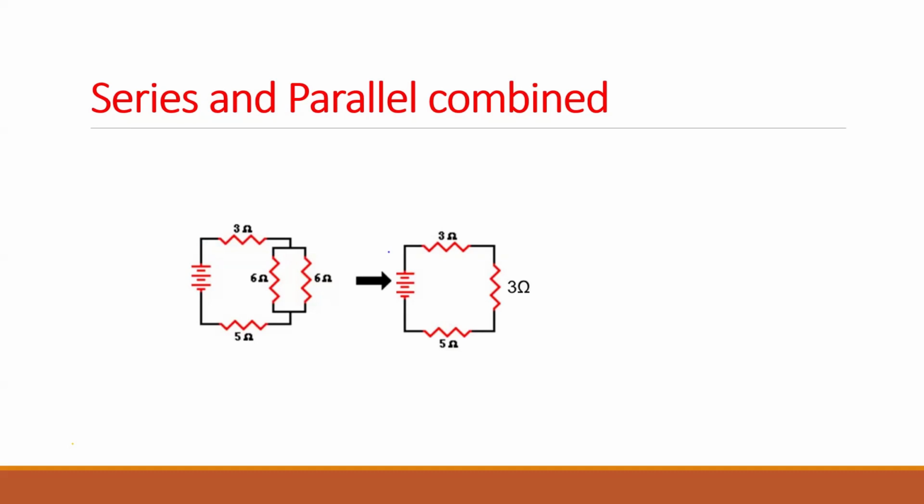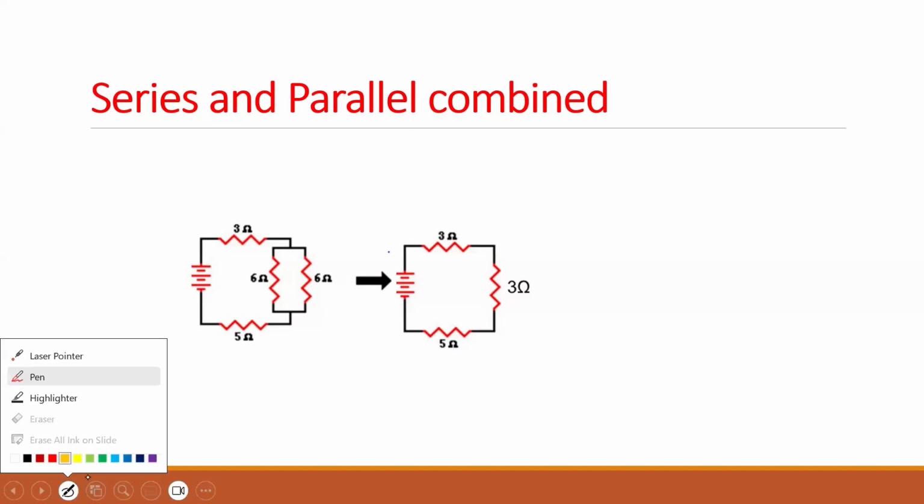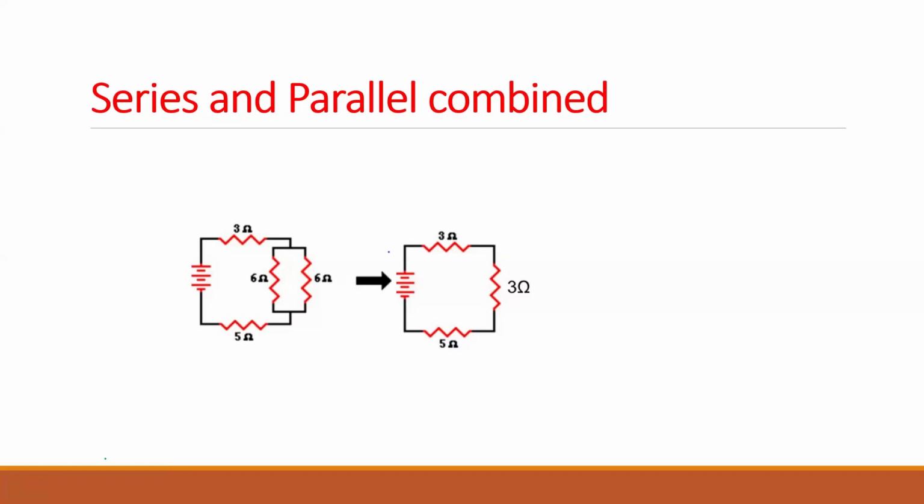Now, what can you say about these 3 resistors? Are they in series, parallel, or what? They're all in series. So when they are in series, you can convert them to a single resistor just by adding the 3: 3 plus 5 plus 3, which equals 11 ohms.